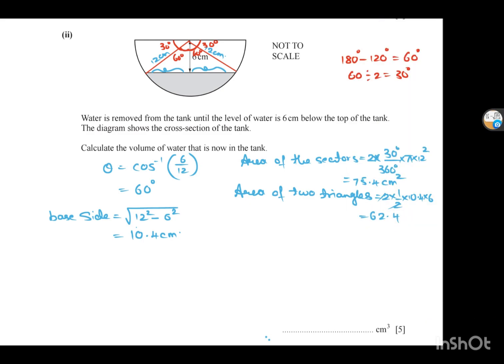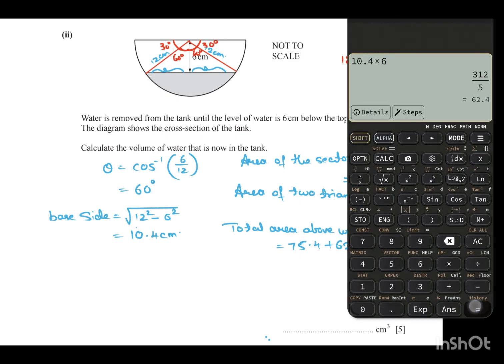Now these two areas if I add, the area above water level, 75.4 plus 62.4 plus 75.4 will be 137.8, also in centimeter square.